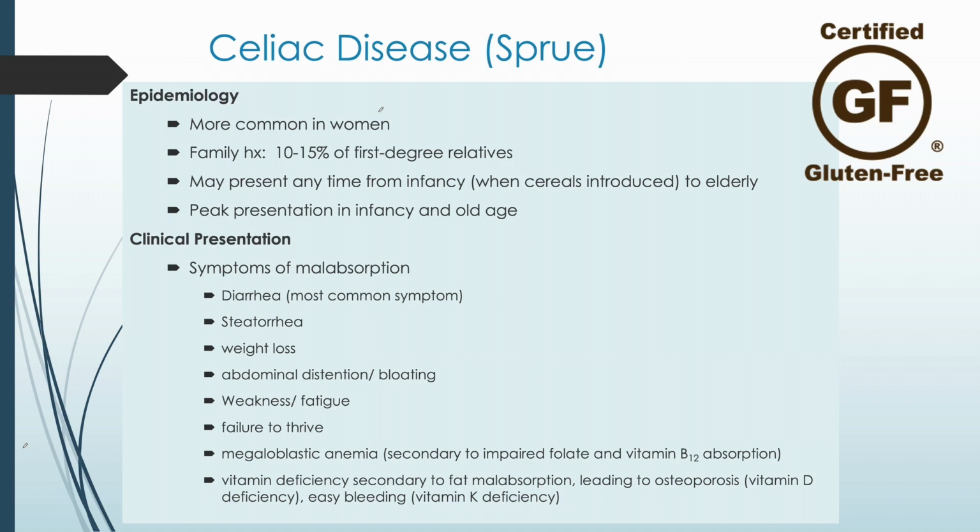Clinical presentation, so symptoms of malabsorption. So what is malabsorption? All throughout your stomach, especially in your small intestine, your duodenum, is where a lot of the nutrients are absorbed from the food that we eat. Malabsorption is a blanket term.